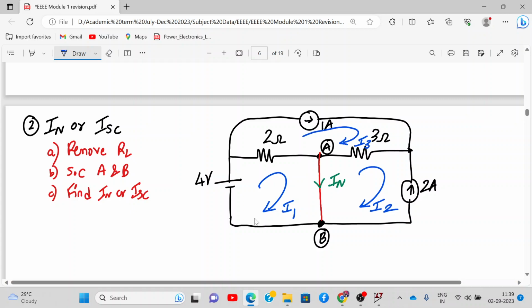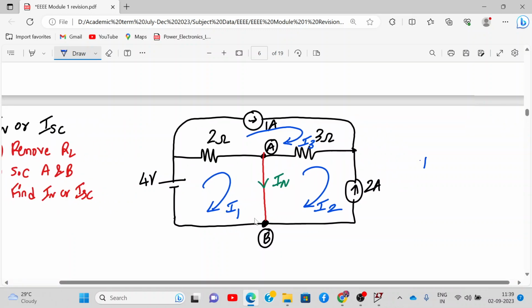Now tell me what is IN? IN is said by I1 and I2. I1 and IN direction is the same, so I1 will be in the same direction and I2 will be opposite.